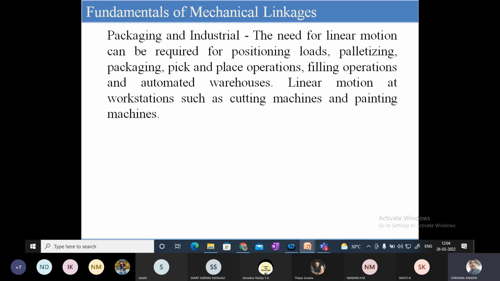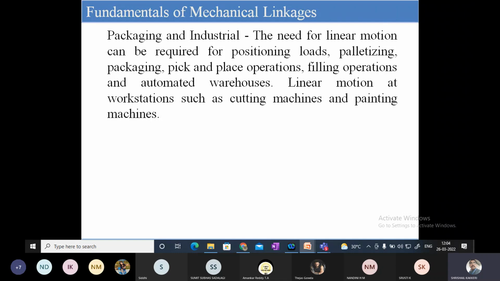And in packaging and industries, for example for palletization, we are going to use different compartments. In these different compartments, we are going to sort different small elements. There we can use linear motions for palletizing. Palletizing is very simple. A palletizer is not any complicated mechanism.